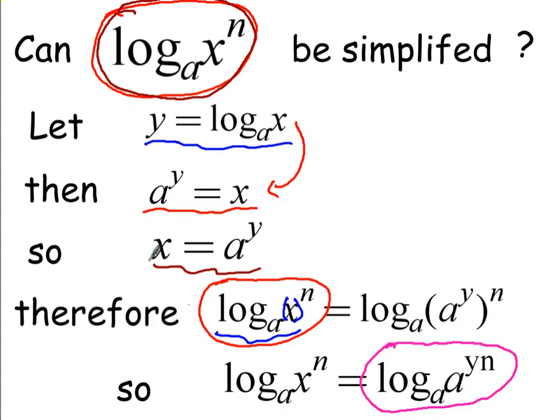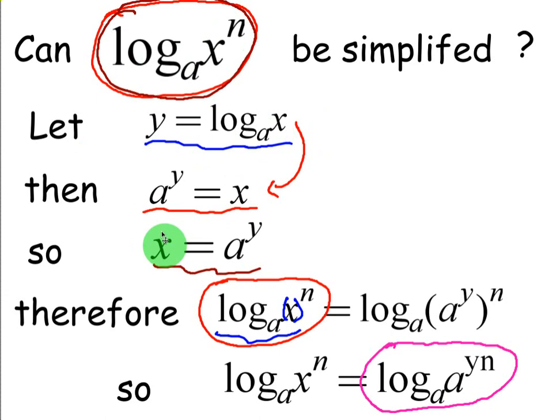Again, you don't have to write the proof out, but I will explain it. Let's say in general we have log base a of x to the n. First, let's assume that y equals log base a of x without the exponent. If we convert that to an exponential, it would be a to the y equals x. Now I'm going to flip them, put a to the y on the right, x on the left.